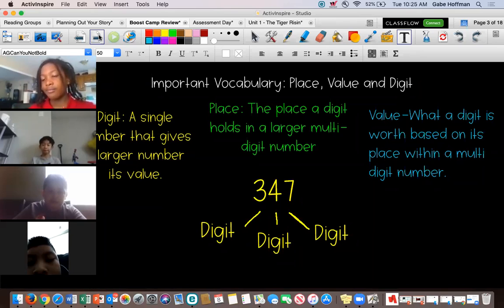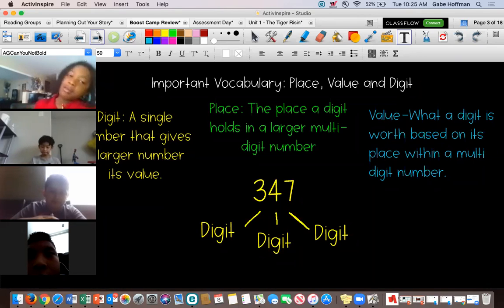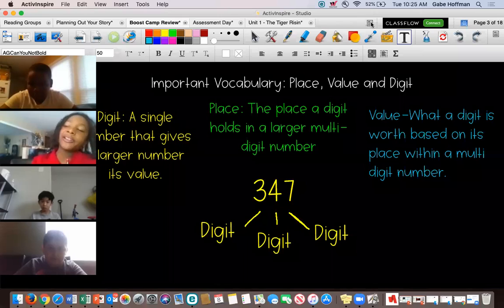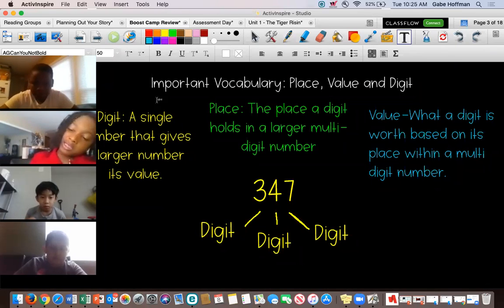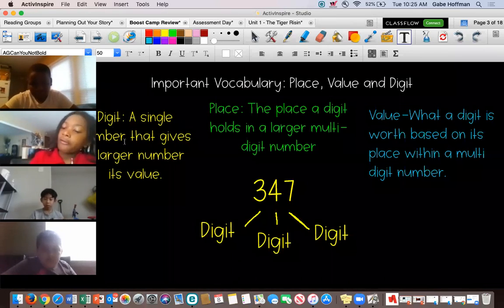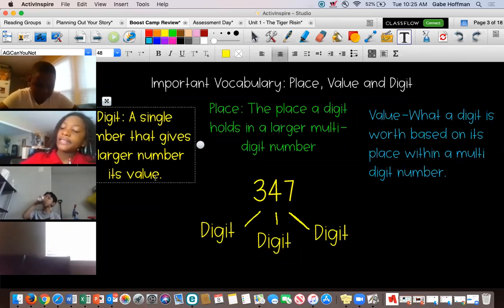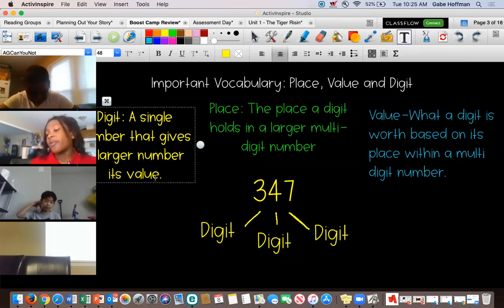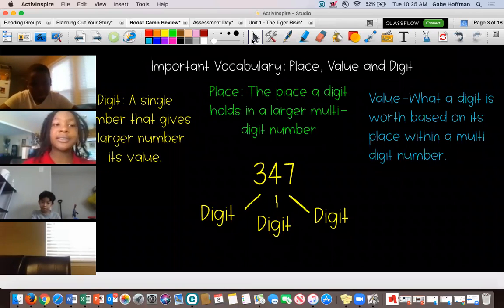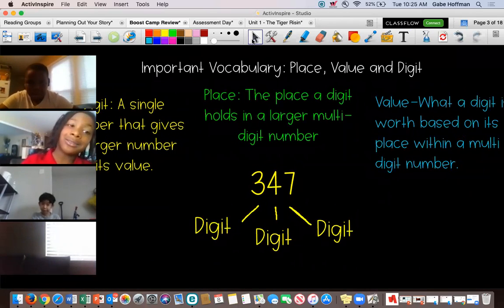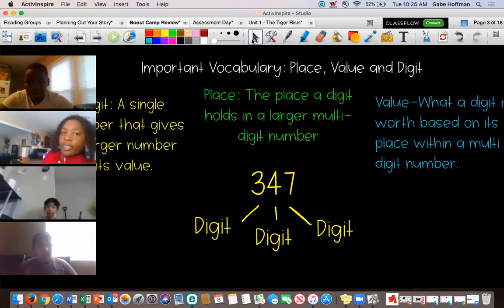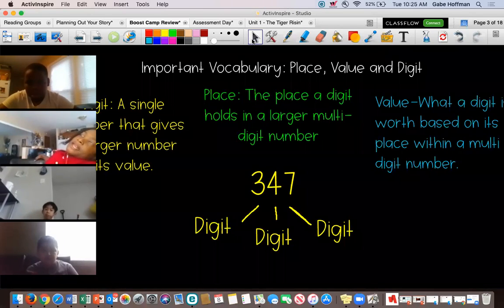In the yellow, it says a single number that gives a larger number its value. Yeah, so it's a single number that gives a larger number its value. So we see down here, it's labeled in yellow, that 3 is a digit, that 4 is a digit, and that 7 is a digit. So all three of those separately are digits.